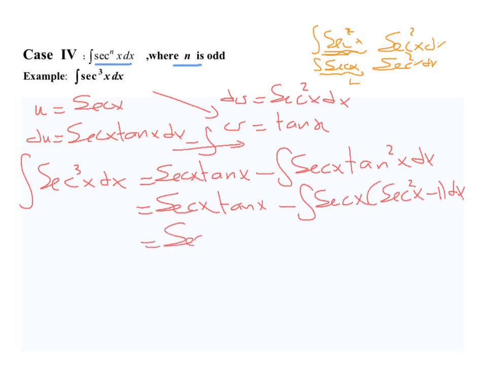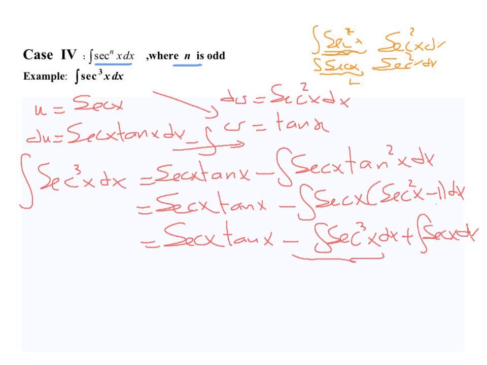This is equal to secant x tan x minus integration of secant cube if you open the bracket, and secant times 1, so it's going to be plus integration of secant x dx.